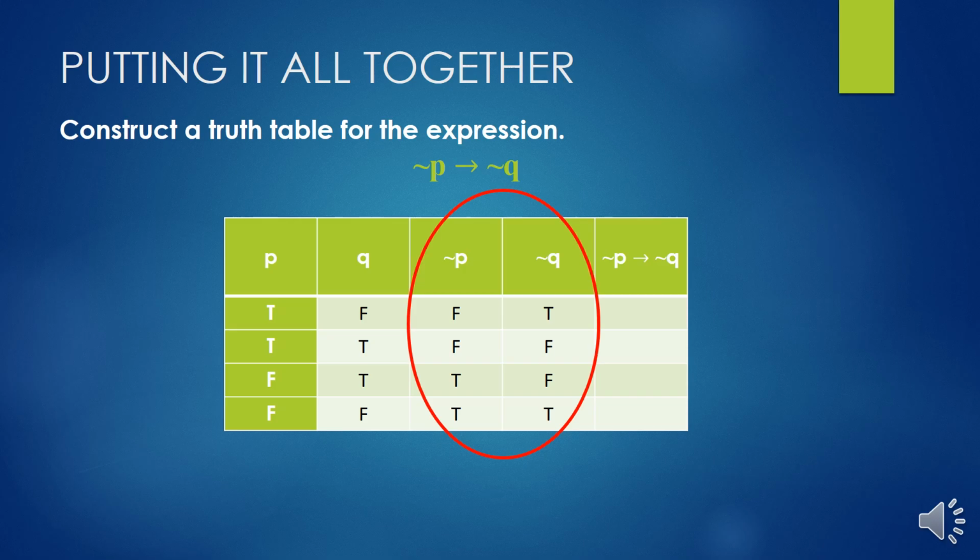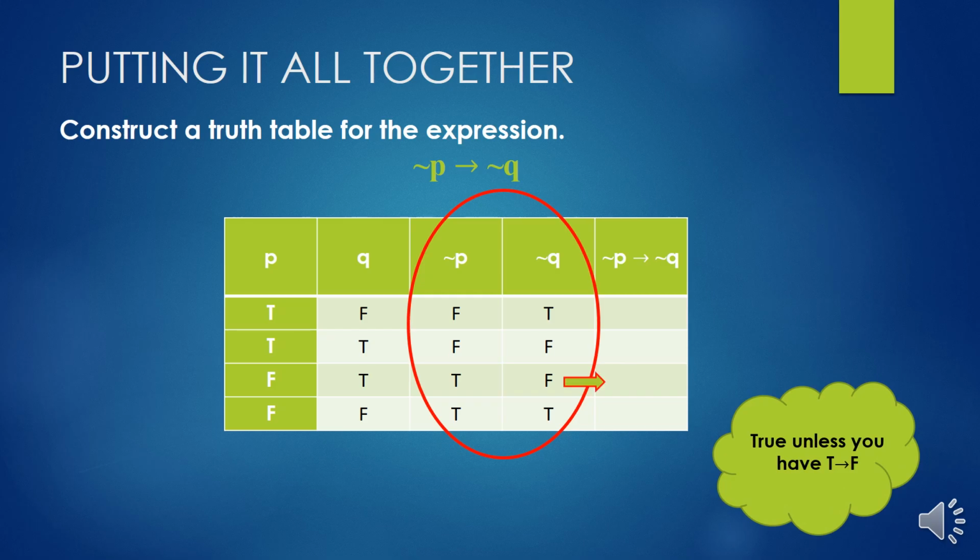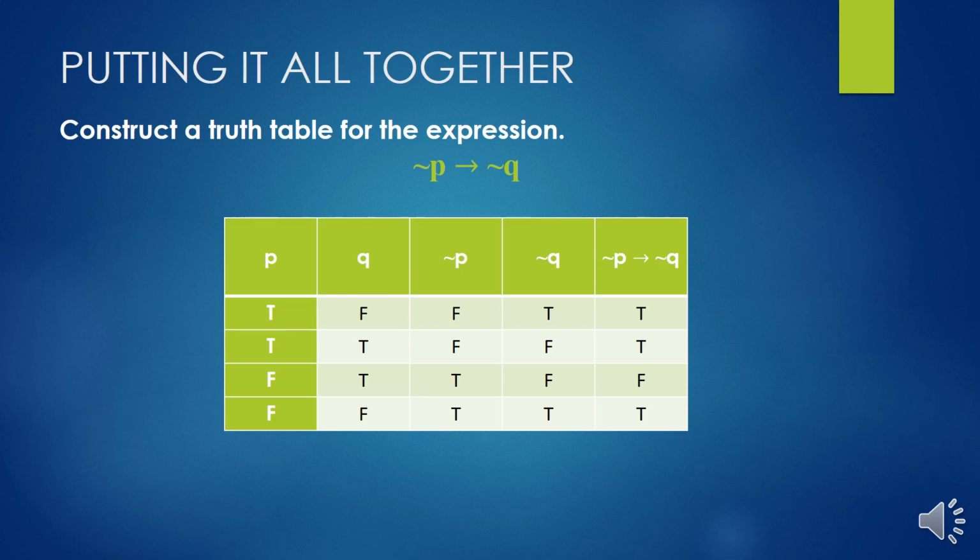And remember, the rule for implications is that it's going to be true most of the time. The only time it's false is when you have true implies false. So you want to locate that spot first. All right, so don't forget that rule. So here we have true implies false, and we know that that's going to make it false. Everything else is true. So here's our completed truth table where we put it all together.